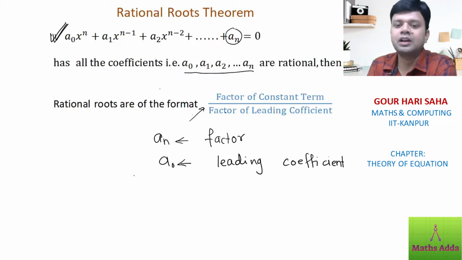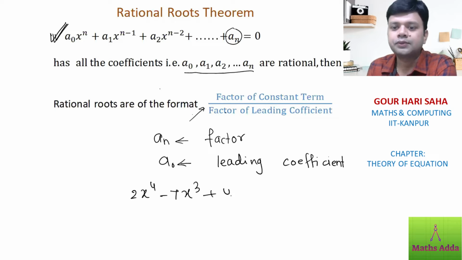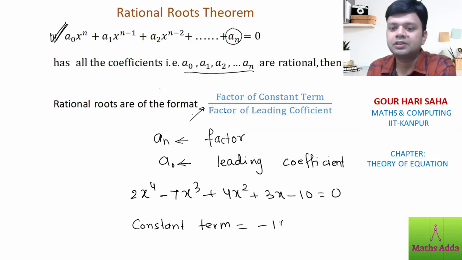So if I take one example, 2x to the power 4 minus 7x cube plus 4x square plus 3x minus 10 equal to 0, then what is the constant term? The constant term is equal to minus 10.